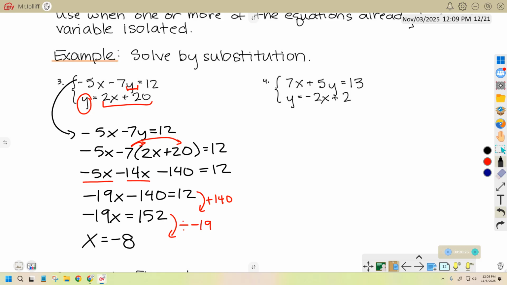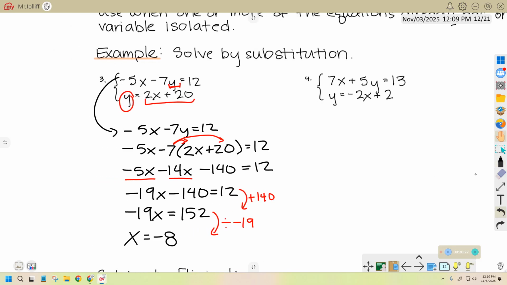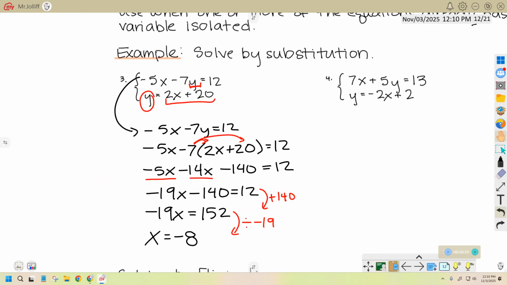And typically what I will do, off to the side, is I'll go back to the equation that has y by itself and plug this value into the second equation. So I am going to take x equals -8 and substitute it in up here. So y equals 2x plus 20.